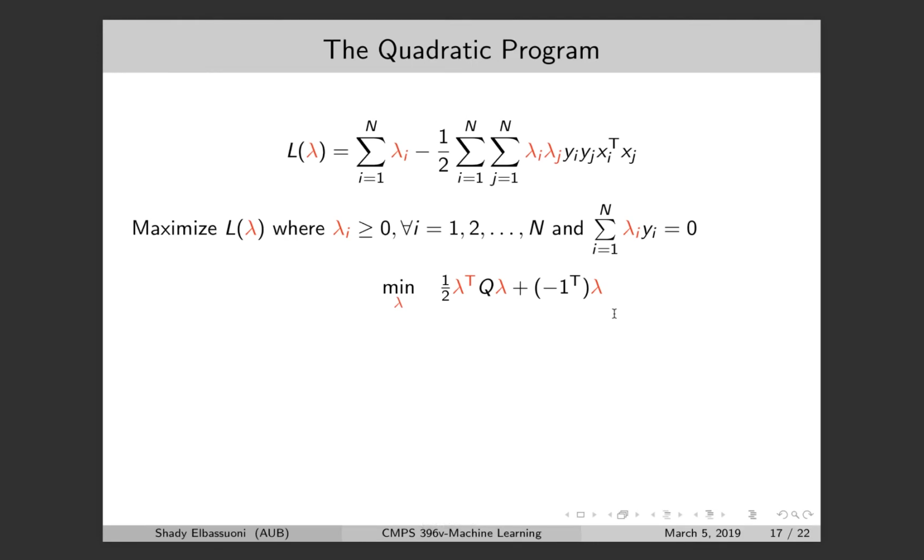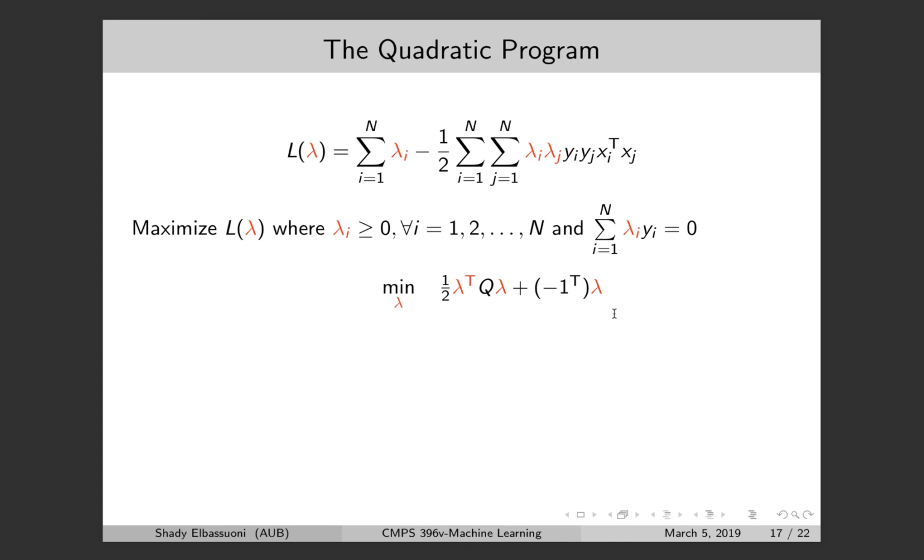Okay, so I'm going to write this in vector form. I'm going to minimize instead of maximizing, so I multiply by negative 1: half lambda transpose times the matrix Q times lambda plus minus 1 transpose lambda. Lambda is now a vector which has n components, lambda 1 till lambda n.